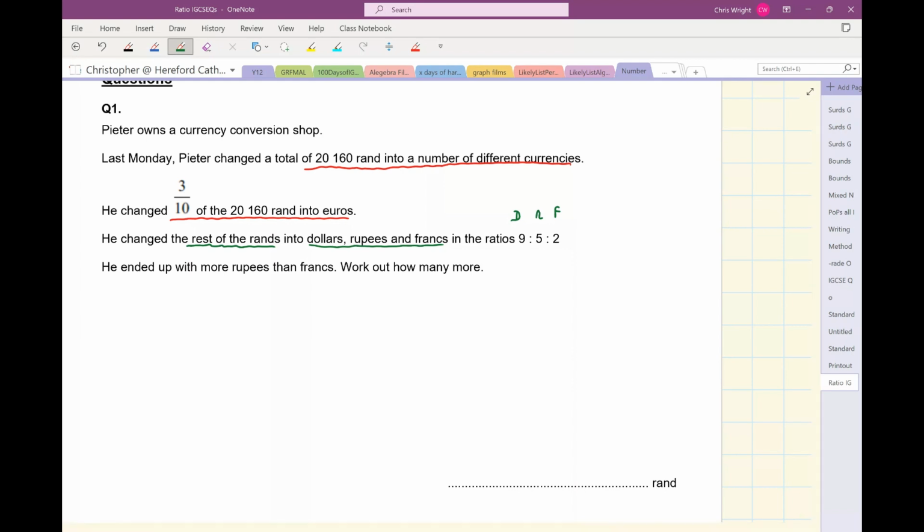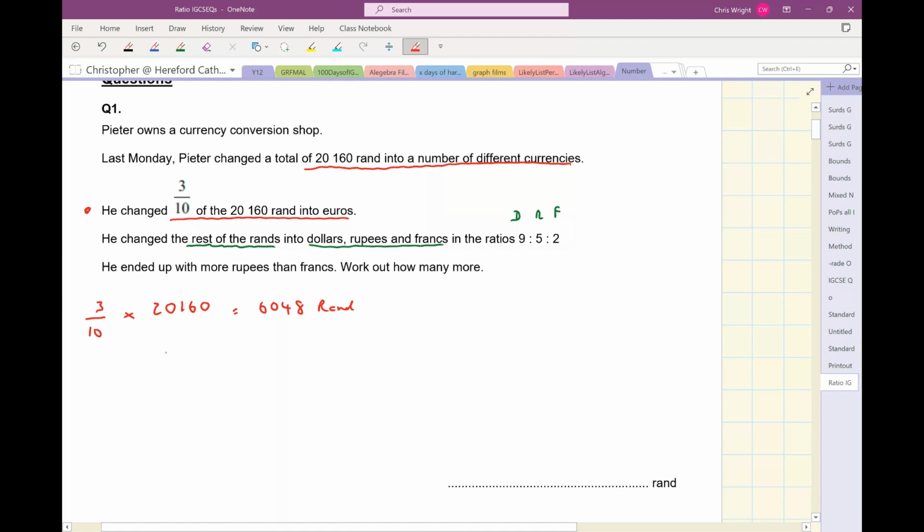Okay. First of all, let's work out how much of the money he changed into euros. He changed 3/10 of his 20,160 Rand into euros. So that's 0.3 times 20,160, which is 6,048 of the Rand gone into euros.